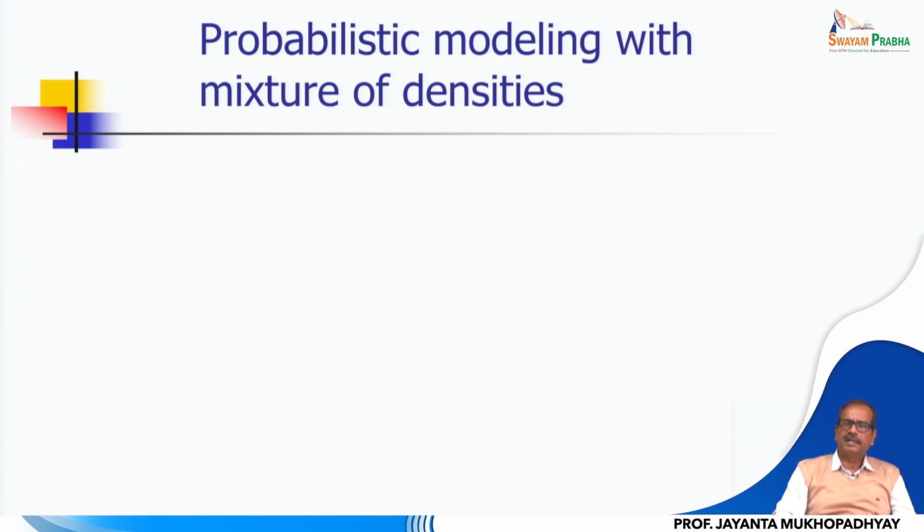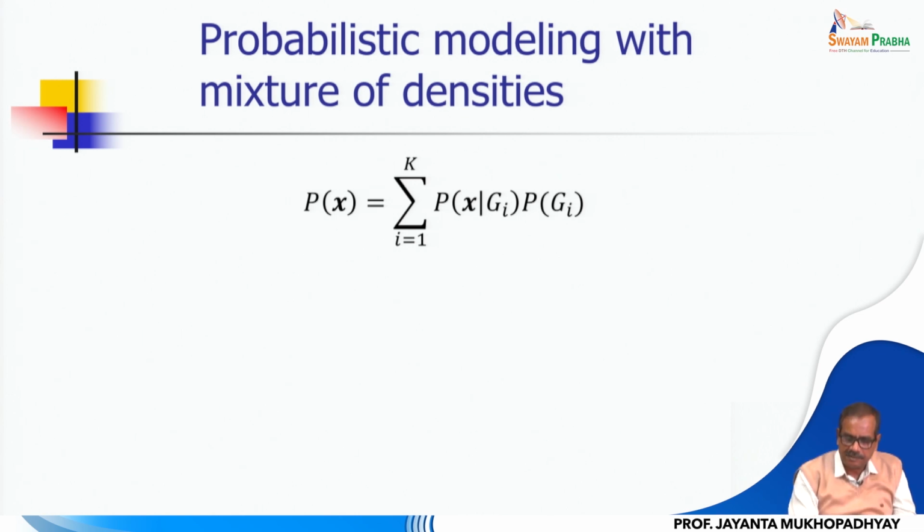We consider probabilistic modeling with a mixture of densities. In the previous case, I took only two densities, two classes. Let us understand what is meant by this. When I showed the previous example, I took only two classes.